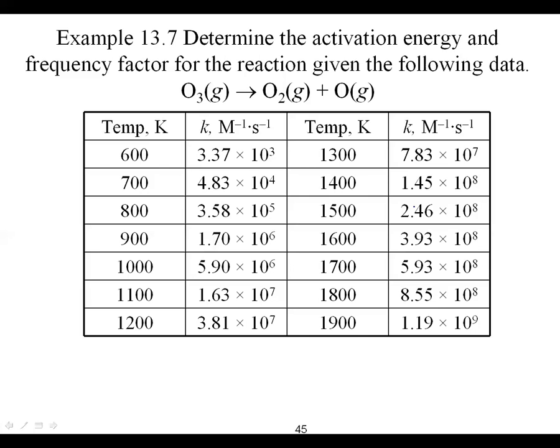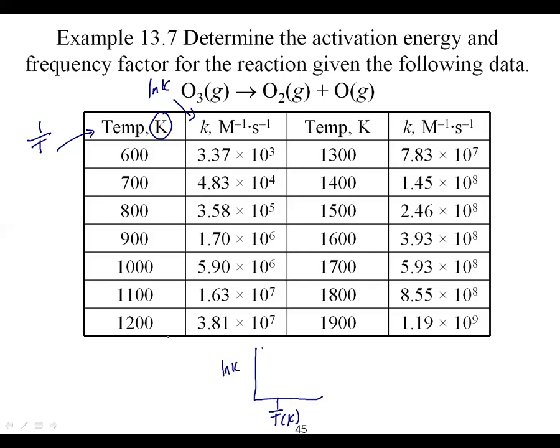So essentially what you would have to do is go through and take the natural log of k for each of those values. You would also need to take 1 over the temperature. It happens to be in Kelvin already, so you would be good on that. And then you would make that plot of the natural log of k versus 1 over the temperature. And again, it would yield you that straight line.